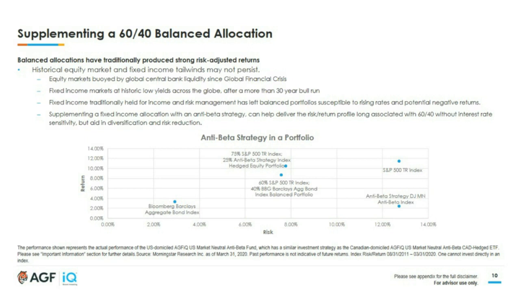They both have very similar volatilities, but when we blend them together, we end up with something that has almost half the volatility. So it's a really interesting exercise at 75-25. You can keep more than three-quarters of the return, but cut the volatility and drawdowns almost in half.